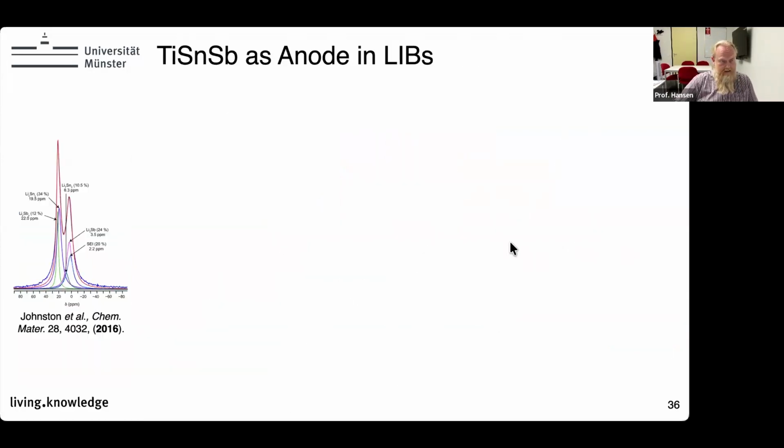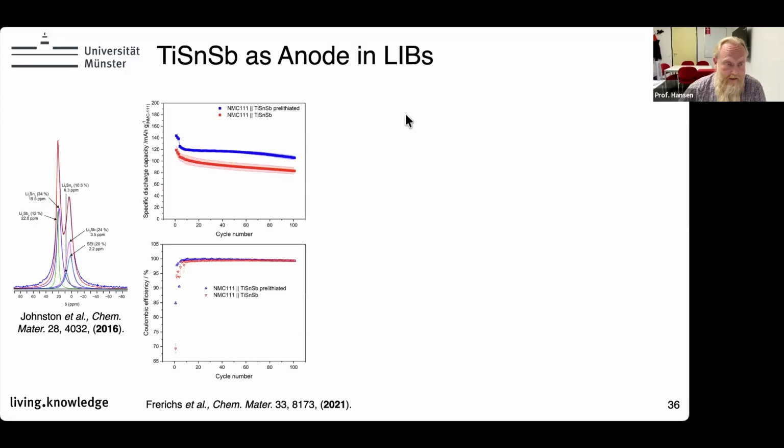So this is sort of what triggered why we thought this was a good idea to use these concepts. It was this case published by Karen Johnson in 2016, where, based on the lithium spectrum, you can assign different phases. This is using titanium-tin-antimony as an anode in lithium-ion batteries.